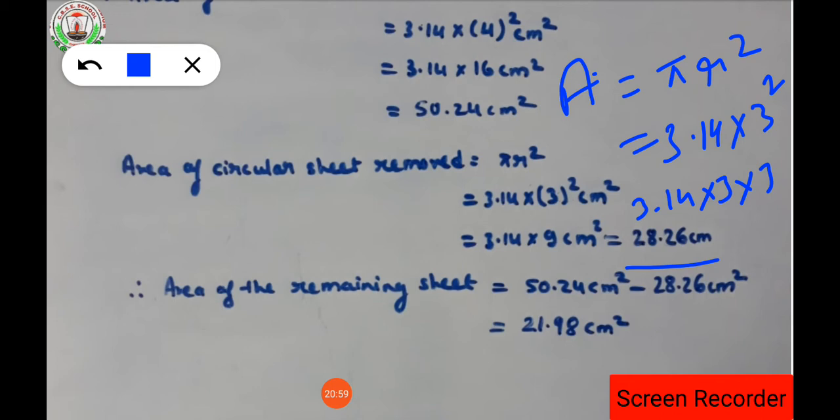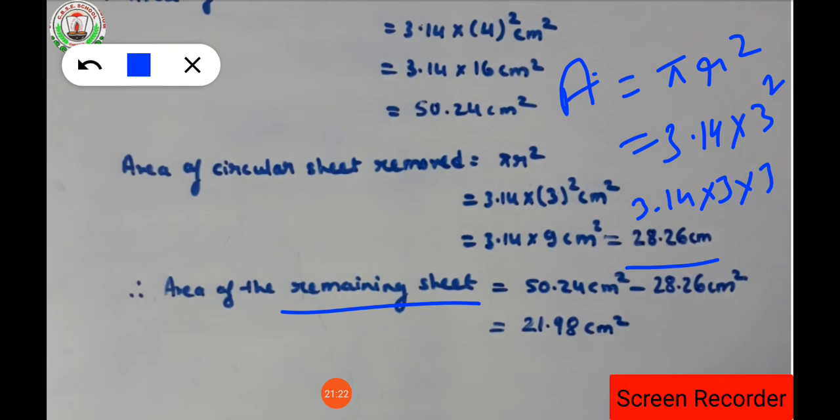Clear? Now in the question it is asked what will be the sheet remaining. The remaining area of the sheet we have to calculate when the 3 centimeter radius circle is removed. So area of the remaining sheet, or area of the remaining circle, both are equal. That means here it is asking about the remaining part, isn't it?